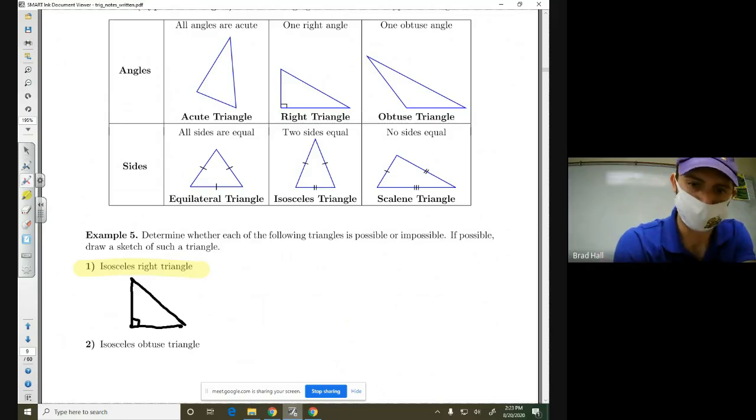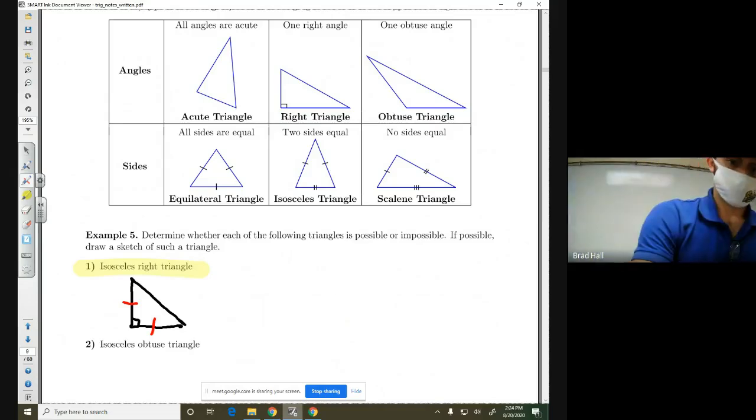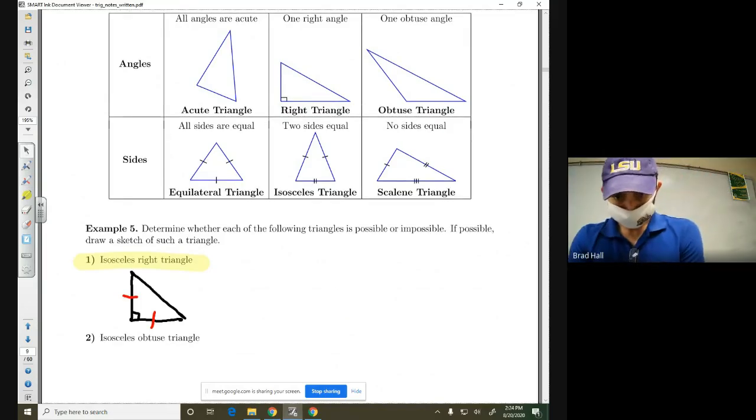And normally we notate equal sides. As you can see in the description above, sides that are equal, we give them the corresponding number of dashes. If they don't have the same number of dashes, then they're not equal. Like in that scalene triangle illustration I have. So that one can happen.